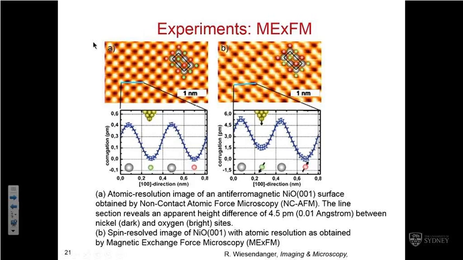So these spots can correspond to nickel or oxygen atoms. In this structure, you have nickel atoms, which are grey, and you have oxygen atoms, which are either green or red. But in the real material, these oxygen atoms have different spins. Some are up and some are down.